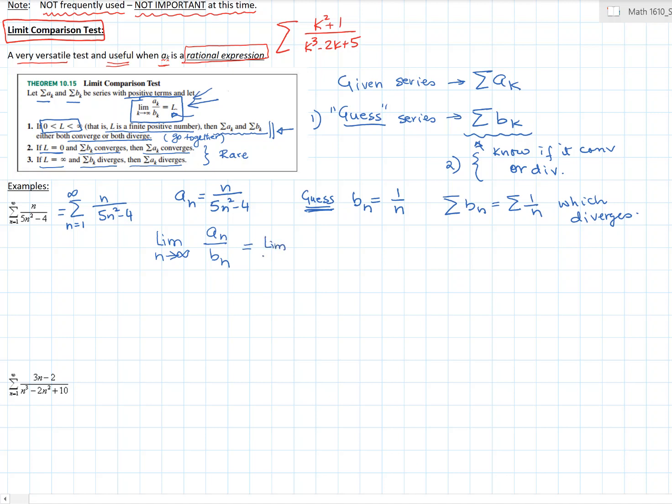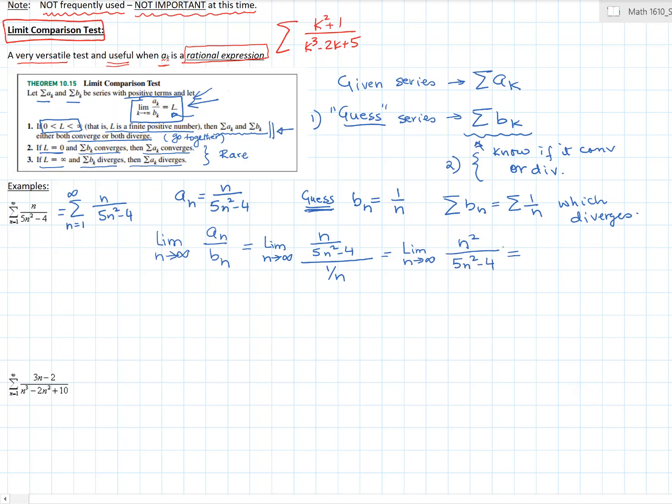So limit n going to infinity, a_n was n over (5n squared minus 4). Now I'm dividing it by b_n, which is 1 over n. So that gives me n squared over (5n squared minus 4).